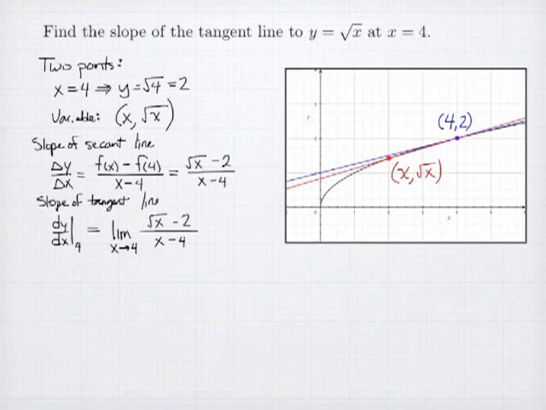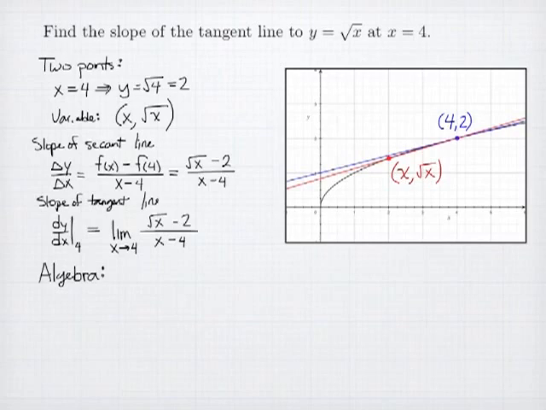The limit we've written down represents the derivative of the square root function at x equals 4. To find the value of that limit, we need to do algebra, but the limit itself represents that derivative. In order to do algebra, we need to rewrite that formula so that we can cancel out the x minus 4.